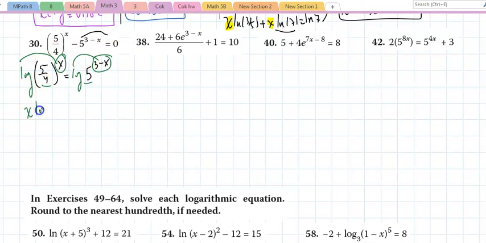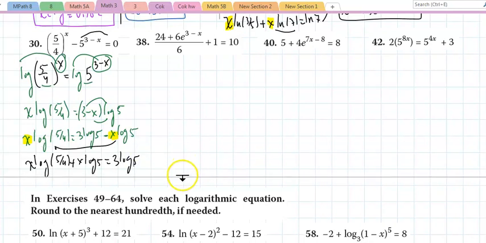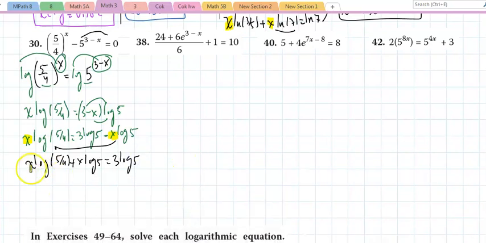This would be x times the log of 5/4. This will be 3 minus x times the log of 5. If you clear the parentheses, and again, get all the x's on one side, everything else on the other side, and factor an x out.